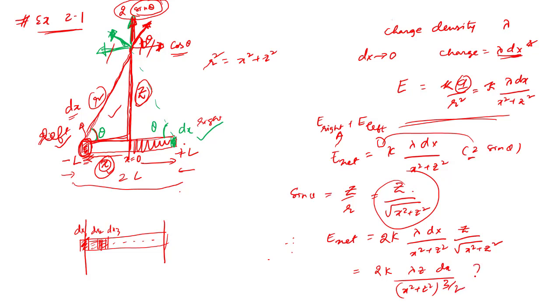But this is the net field coming only from the addition of the farmost left point and the farmost right point. If we want to get the same thing for all the elements, then we'll have to integrate to get E total. We have to go from 0 to L and integrate the net electric field, a sum of a part on the right and a part on the left, along dx.